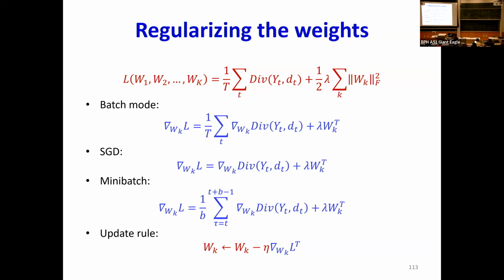Okay. So how does that modify the derivative? In your standard loss, the derivative was just the average of the gradients for the individual instances. But then the derivative of the second term, the squared norm of the parameters, is simply the parameter itself, right? That's why we have the half outside.